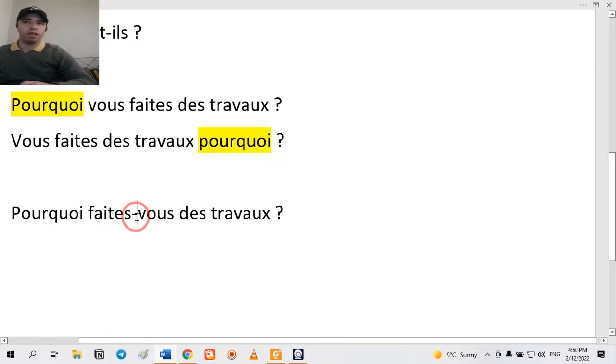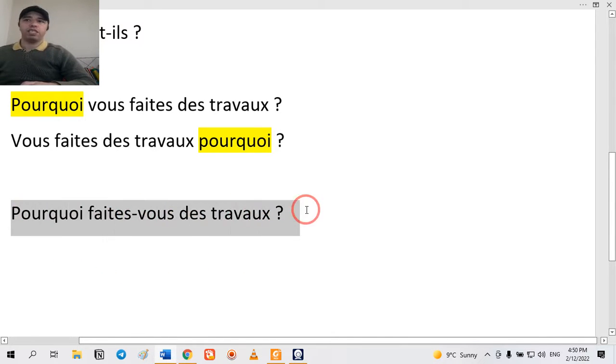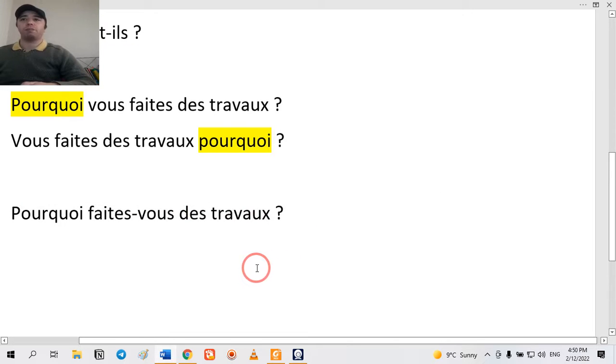Faites-vous with a hyphen between, it's obligatory. Pourquoi faites-vous des travaux? This is with inversion, the most polite type of questioning.